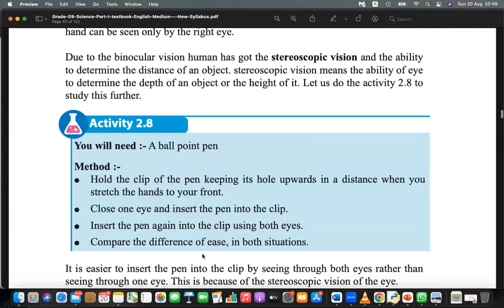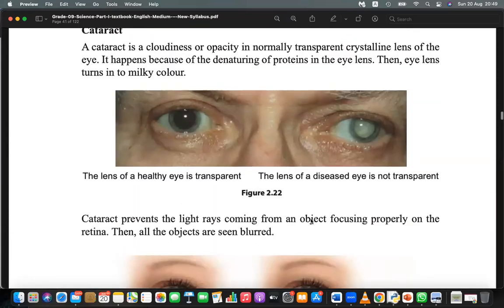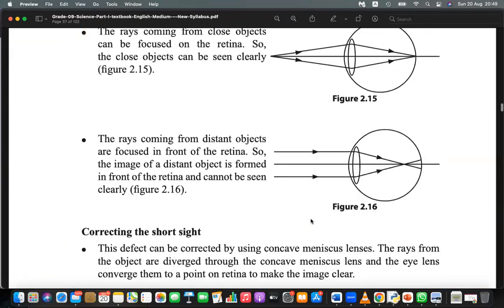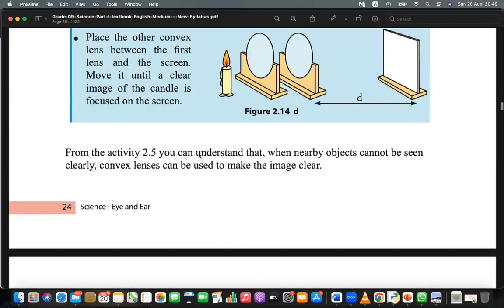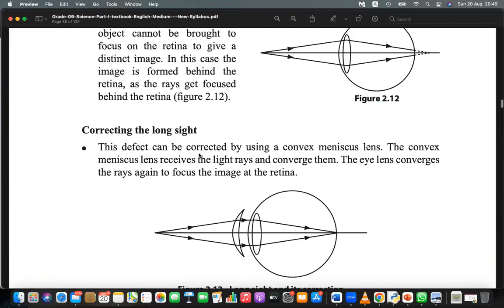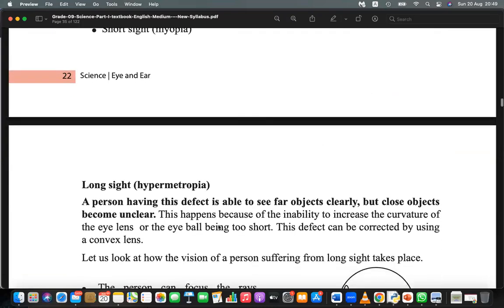Cataract is where, here you can see the lens of the eye, the transparency of the lens is damaged due to this white colored part, and that is where the cataract happens. As you remember, myopia or short sight, and the other one, long sight, is known as hypermetropia.